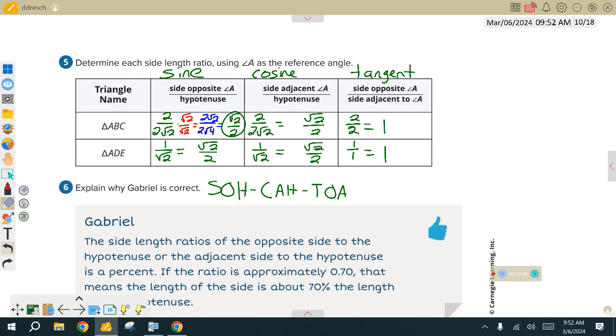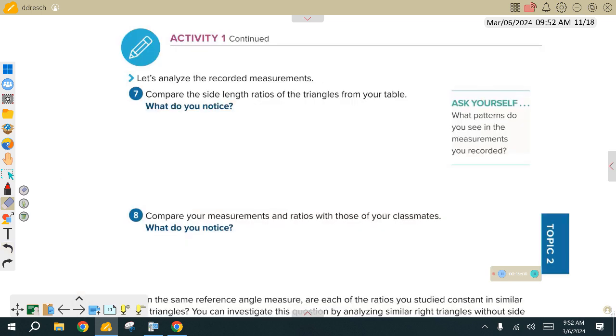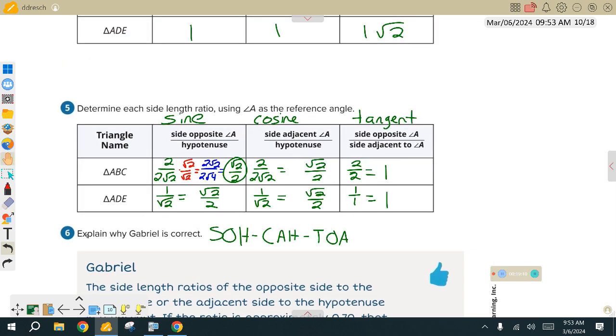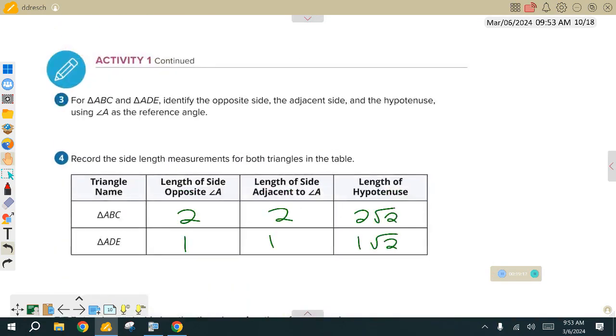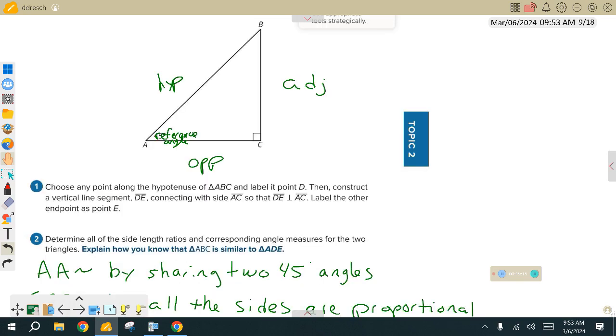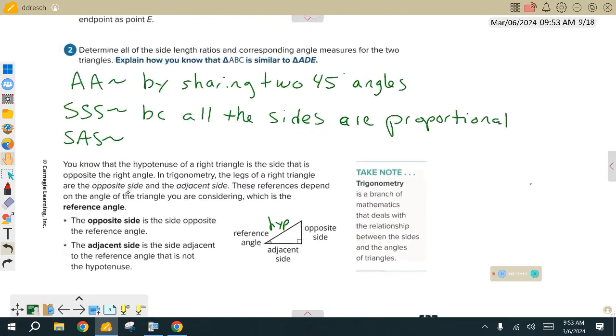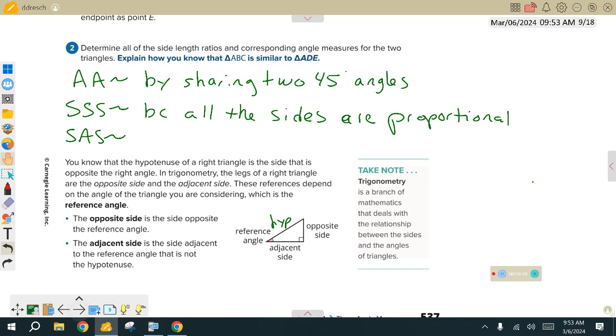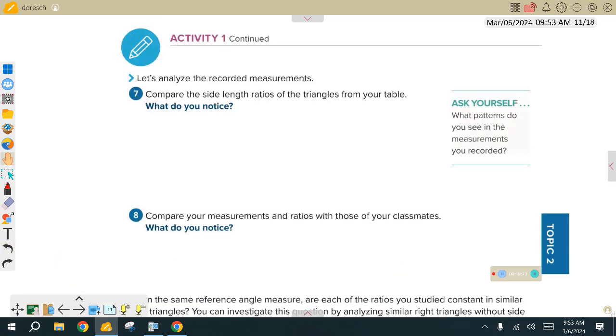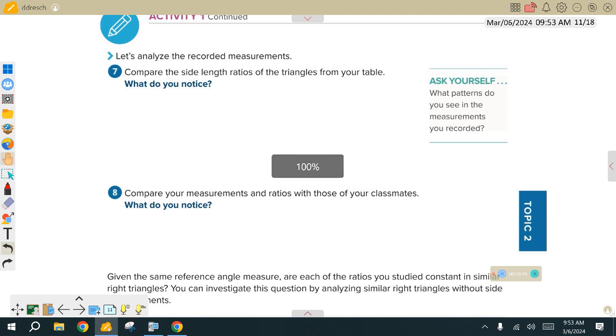All right, let's continue on here. Now, what do we have here? All these ratios turn out to be the same, right? Why did those turn out to be the same? A few minutes ago, you said those triangles were what? It was on the previous page. Similar, right?